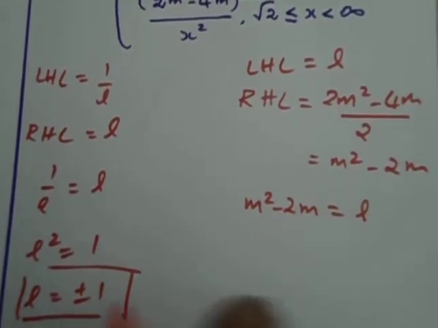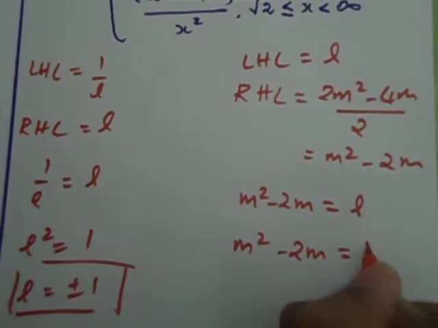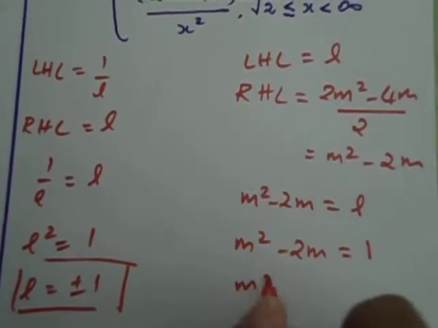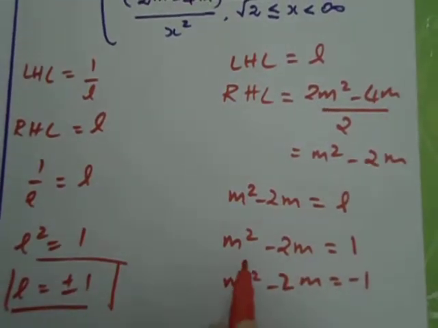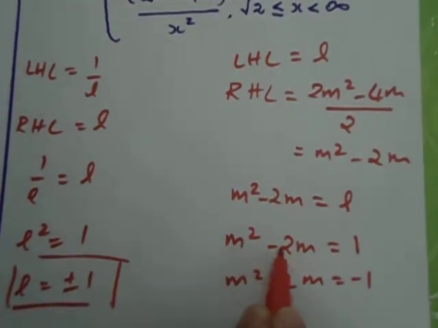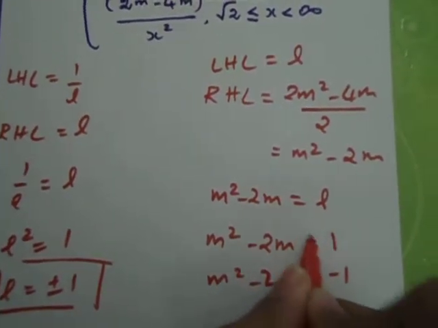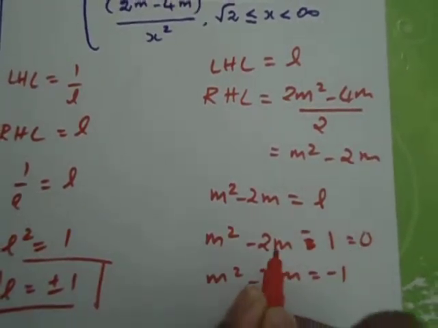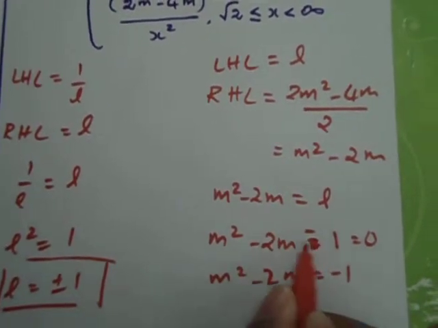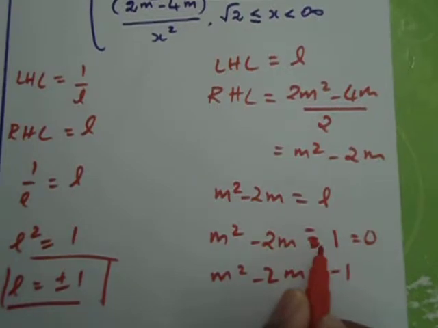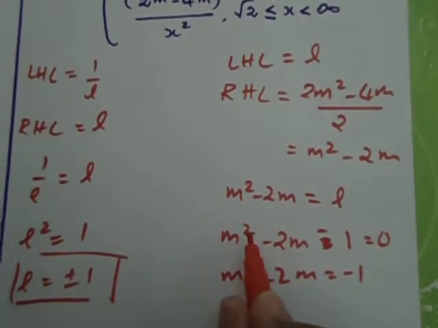Both of them have to be equal, so we get m square minus 2m is equal to L. L can be plus or minus 1, so m square minus 2m is equal to 1, or m square minus 2m is equal to minus 1. Here if you check m square minus 2m minus 1 is equal to 0, then if you check its discriminant, it's less than 0, which means the roots of this equation are not real.